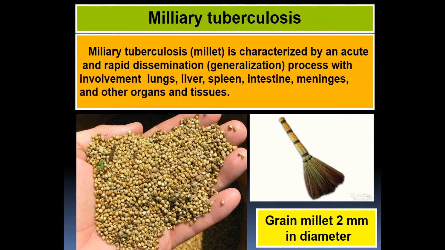Next, the first form of dissemination is named miliary tuberculosis. Miliary tuberculosis, or millet, is characterized by an acute and repeated dissemination.